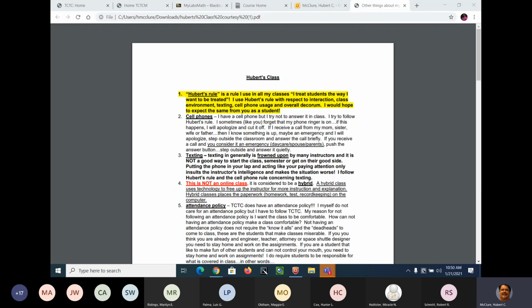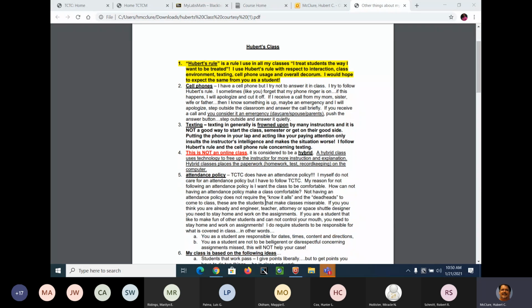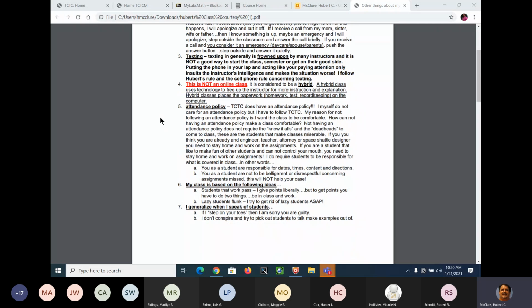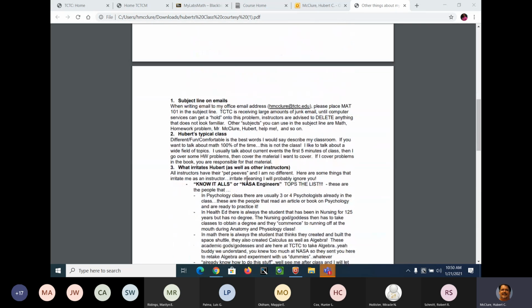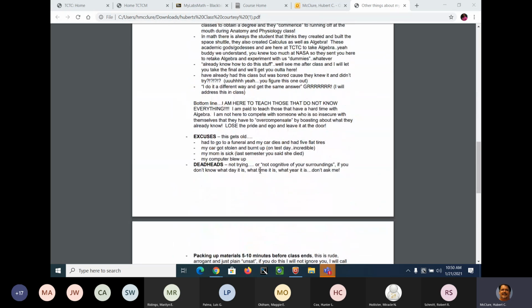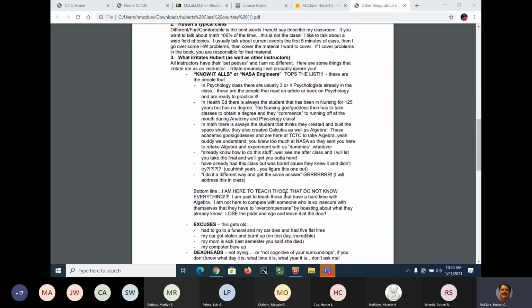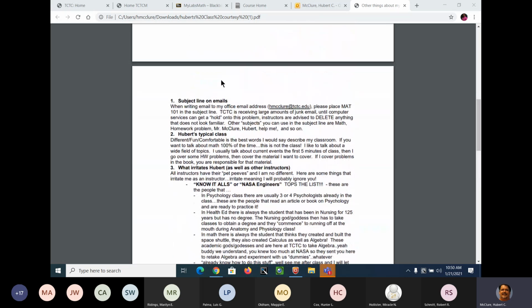Attendance, I have to take attendance every day to keep those 2 or 3 people in the closet over there in the library, give them a job so they can keep up with the numbers so they can have a job. So I have to take attendance. And you can read a little bit about me and what I think about students in general. And the 10% I don't give a rip about because they don't know what day it is. They don't know where they're at. The deadheads, I don't particularly care about them. Although the deadheads were replaced by the know-it-alls.